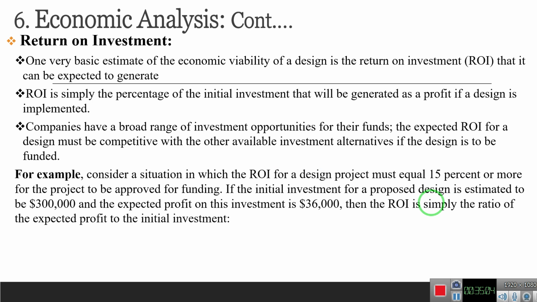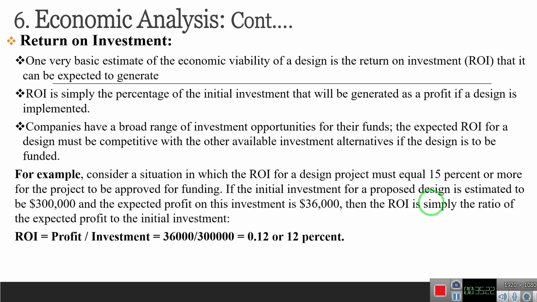Okay. Then what do we have to do? Again, we have to calculate with the rating factor, decision factor, specifications, goals. Again, we have to see, and we have to increase our profit. Then only our ROI percentage will increase to more than 15. Then the project will be approved. See here, ROI. See how much is coming? 12%.